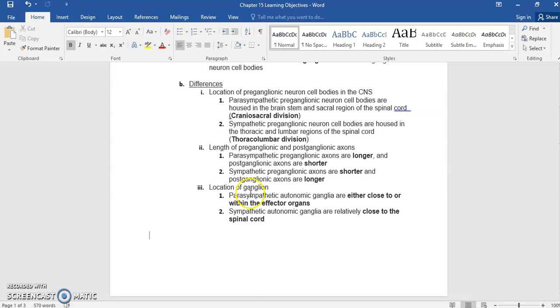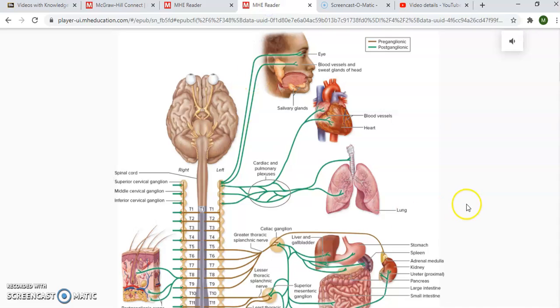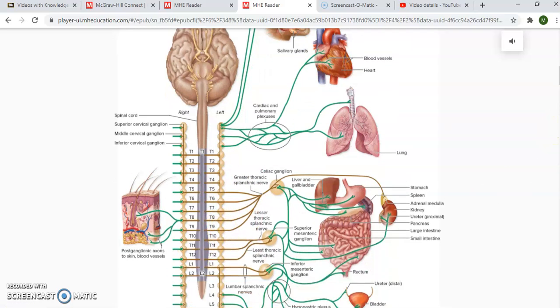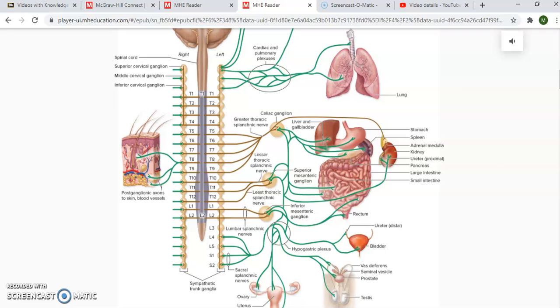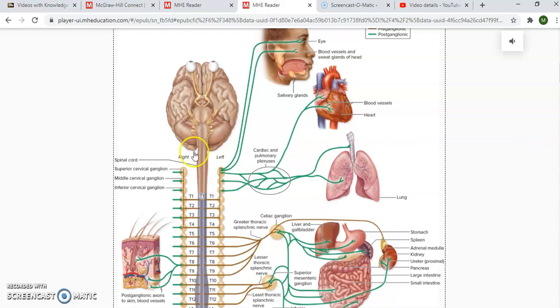All right, so then the sympathetic is different. Remember the brown are our preganglionic motor neurons. We can see a little bit more of them here. You'll notice there's none coming off of the brainstem.